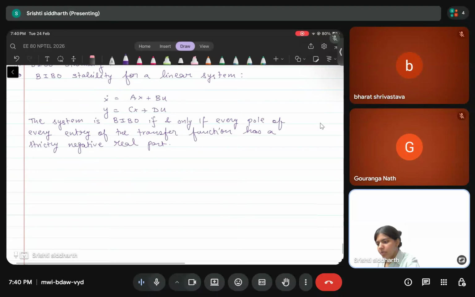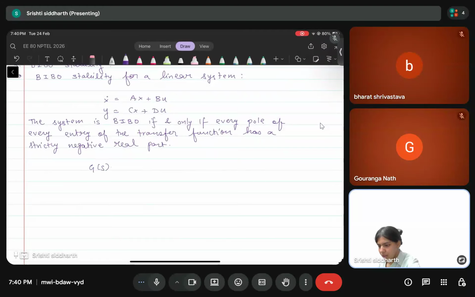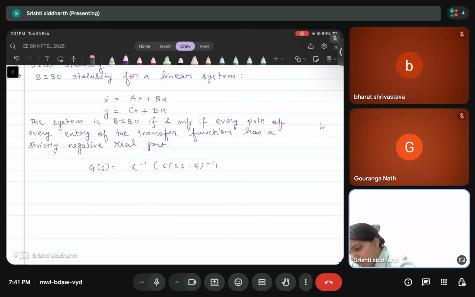So we already know how to compute the transfer function of a system, right? This is G of s, the Laplace inverse of C(sI minus A) inverse B. Okay, and if D is 0, we can just have the simple case of C(sI minus A) inverse times B. So we're talking about the transfer function because this gives the impulse response.